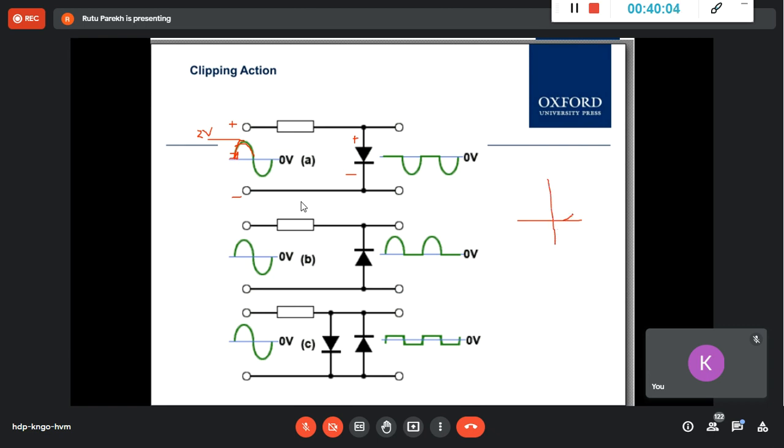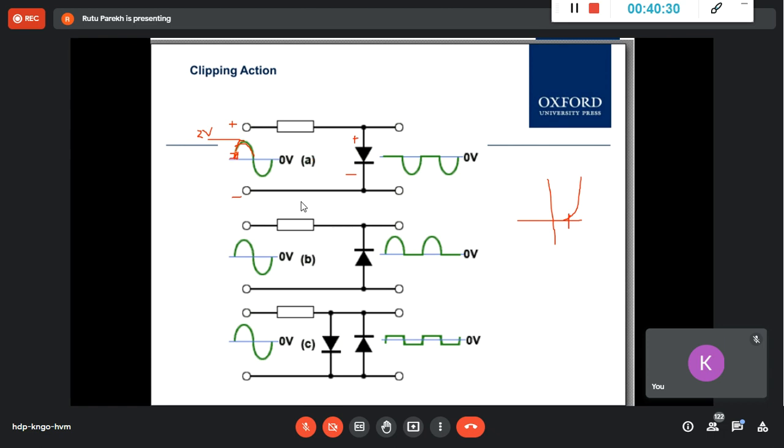If it is not conducting, that means no current is flowing for 0 to 0.7 volt. It is like reverse bias, and it is not conducting. Not conducting means it is like not there.